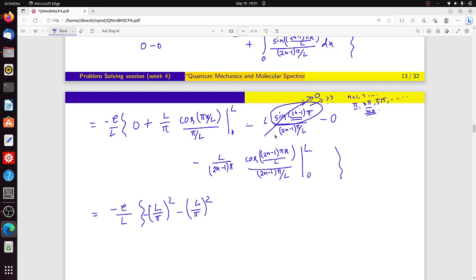Then this term goes to 0. Coming to this term, let me write down the constants first. L by 2n minus 1 pi whole square. Now if I apply the upper limit, then I will get cos 2n minus 1 pi. What is the value of this?